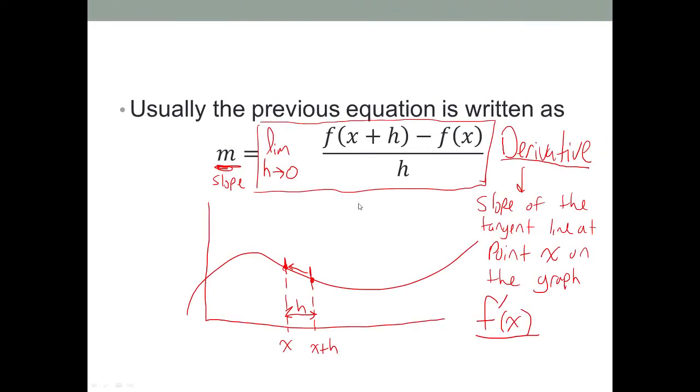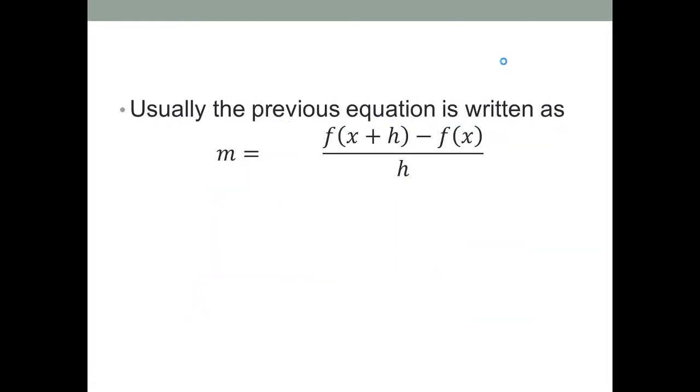You'll probably hear a lot of people, when they discuss derivative, slope and f prime, interchange them, and I'll do that a lot as well. There you go. So this is the derivative equation. The derivative equation is this, and the derivative really means the slope of the tangent line at point x on this graph.